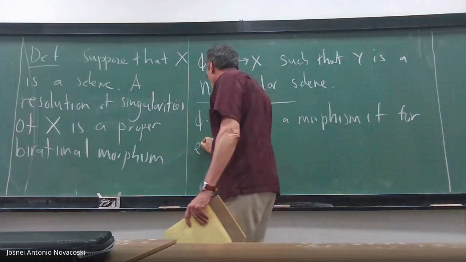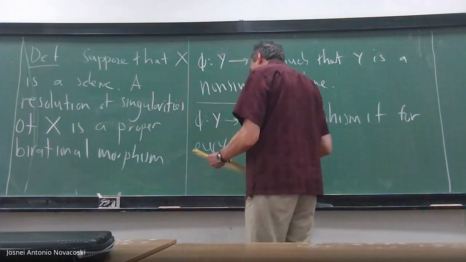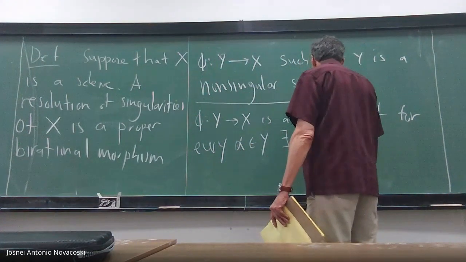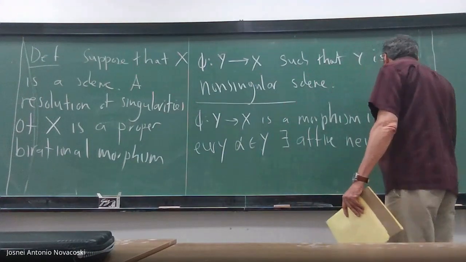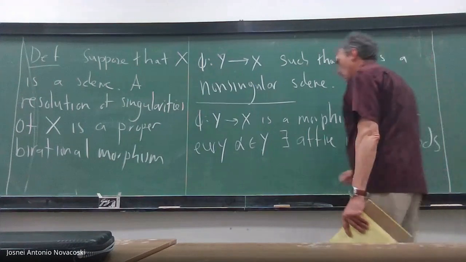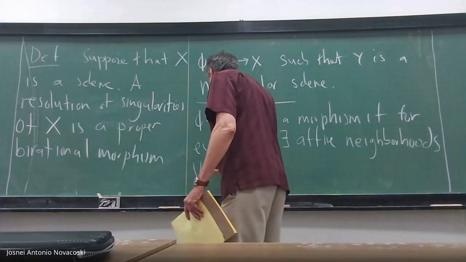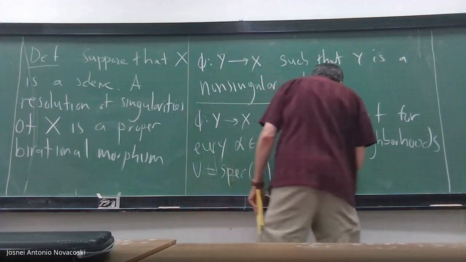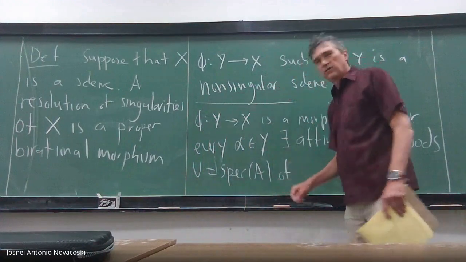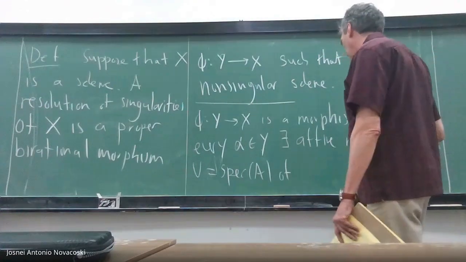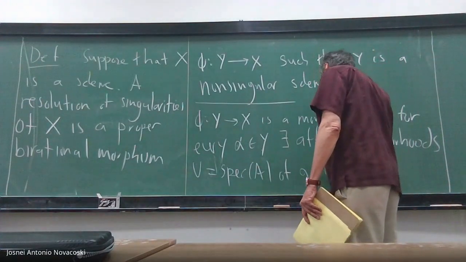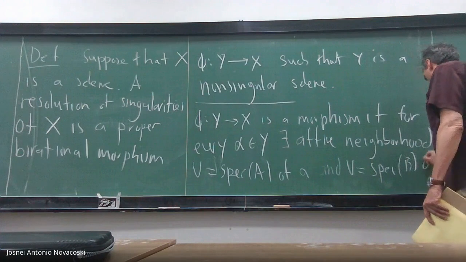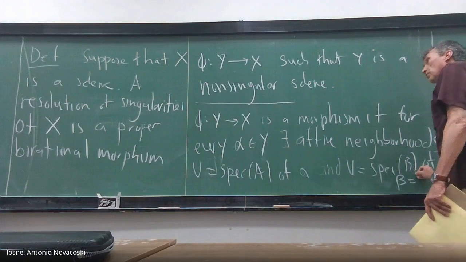If for every point alpha in Y, there exist affine neighborhoods U equal to spec A of alpha, and V equal to spec B of beta equal to phi of alpha.